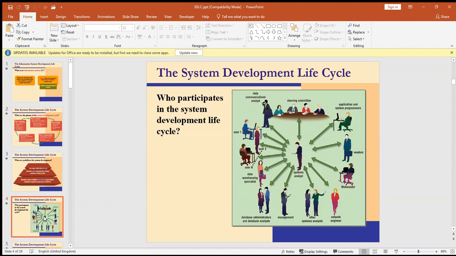So once management appreciates why we need a system in place, the entire cycle is going to be a smooth journey, a walkover from the time the project started being implemented up to the end.